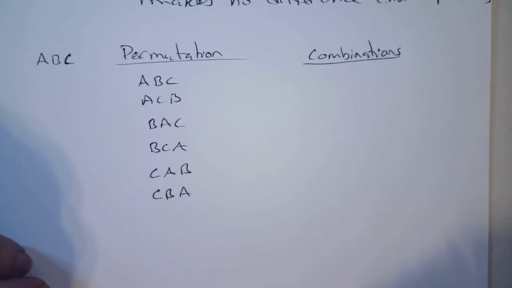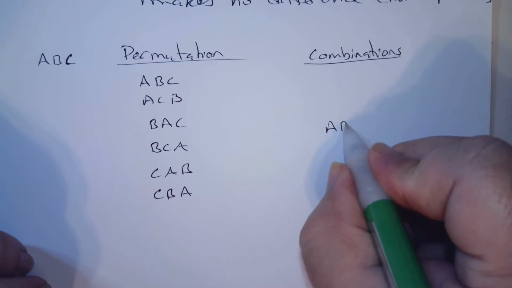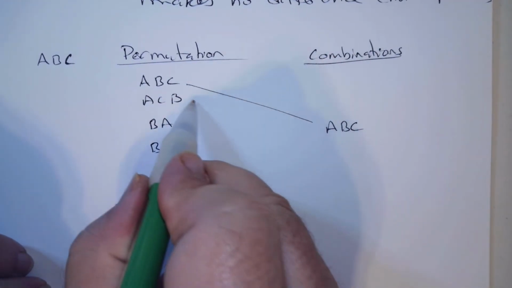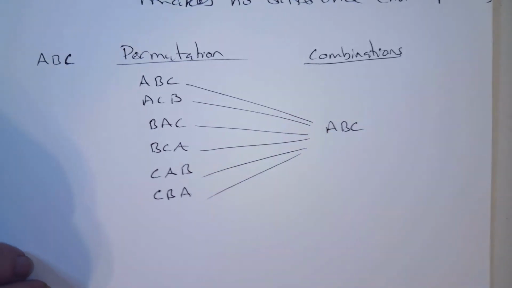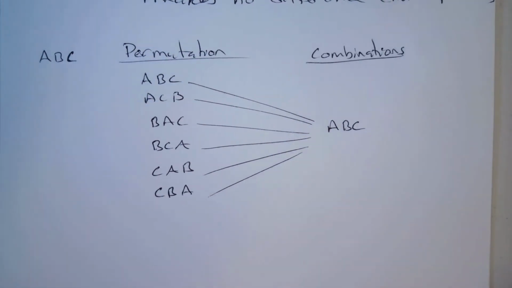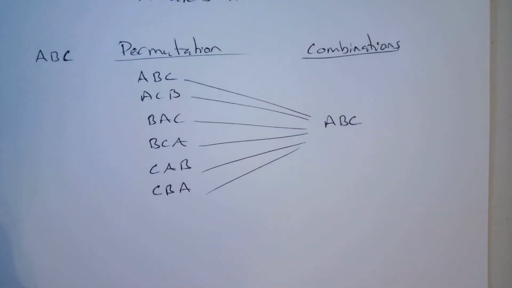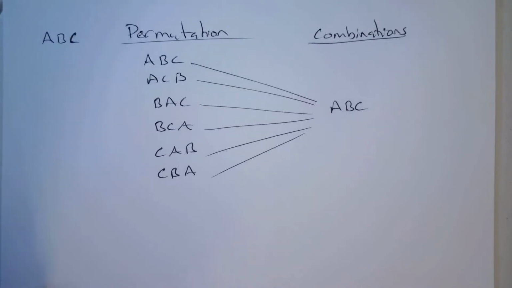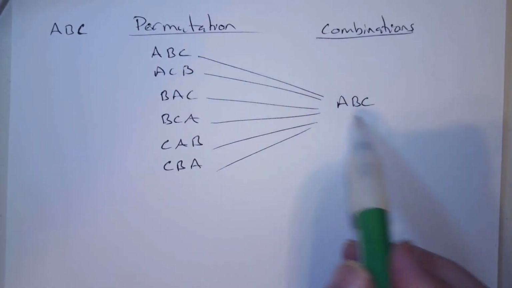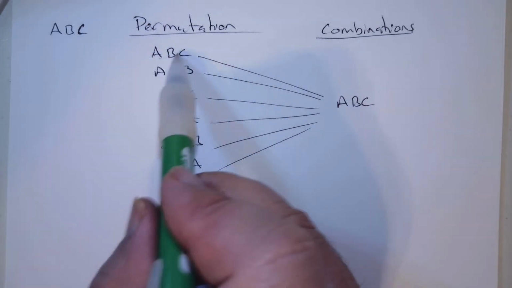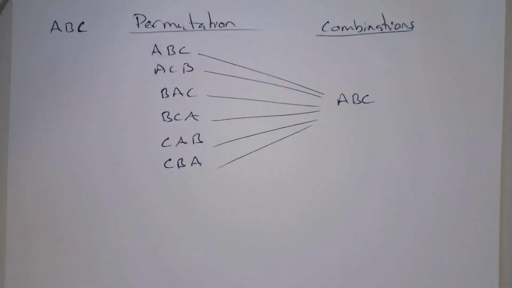In combinations, these are all the same thing. So again, in a combination the order doesn't matter. You still have 3 letters, A, B, C. That's all it takes. In a permutation, each order is important.